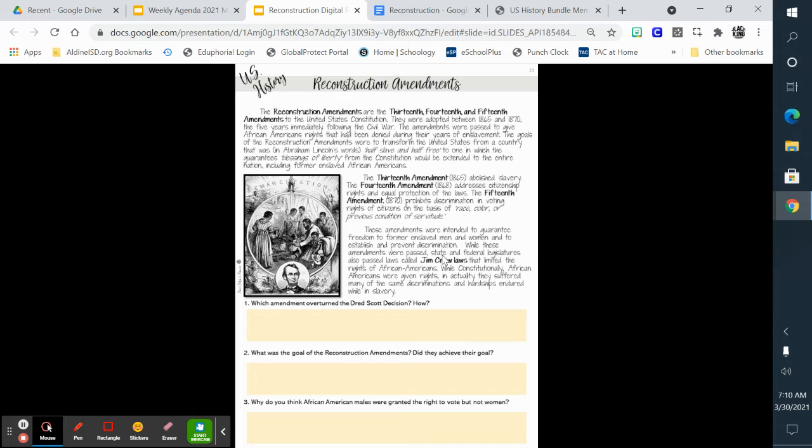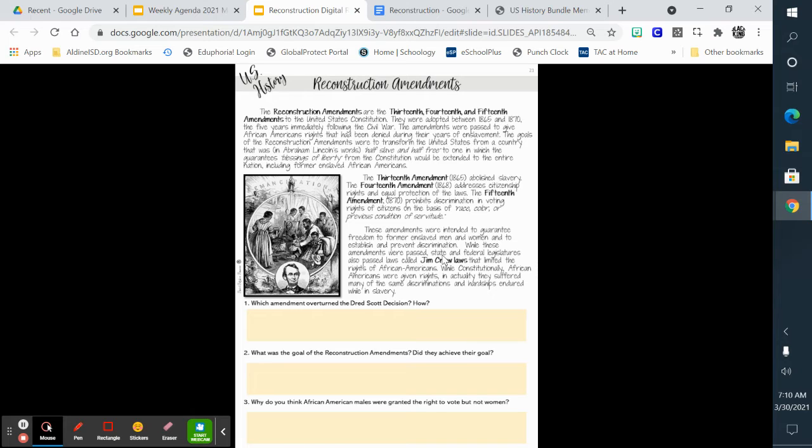So the 14th Amendment guaranteed citizenship rights to the formerly enslaved African Americans. Now every freed enslaved person was considered a citizen. If we remember back when we talked about Dred Scott in that court decision, Dred Scott was ruled to be property, not a citizen.